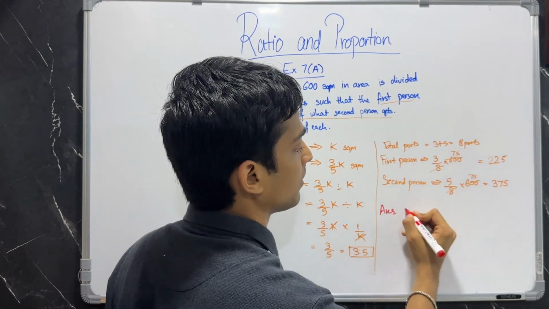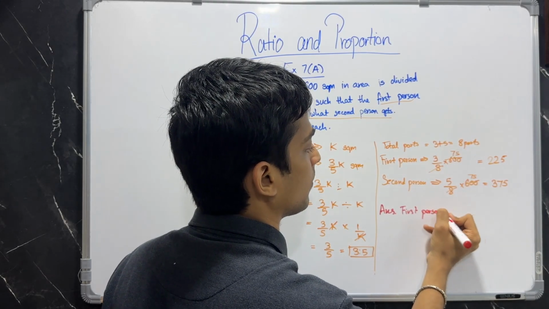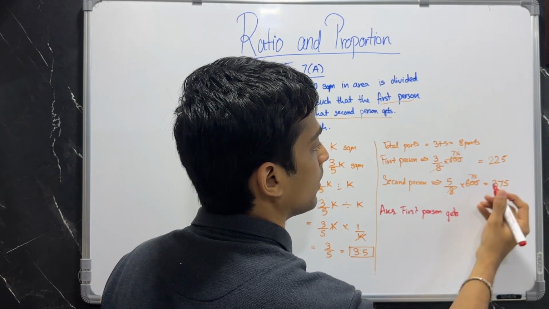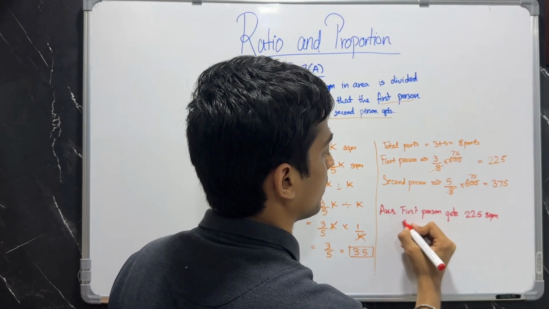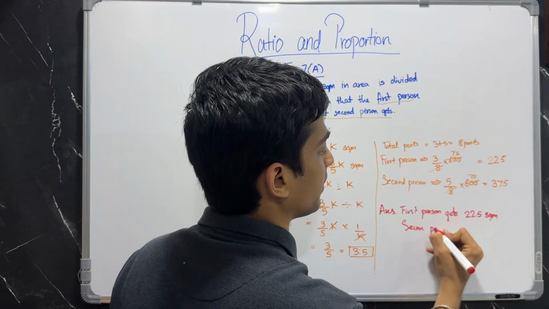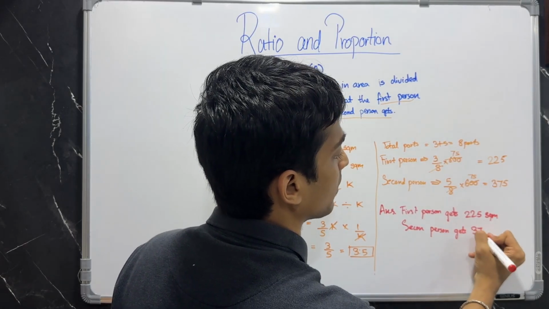First person gets 225 square meter. Second person gets 375 square meter.